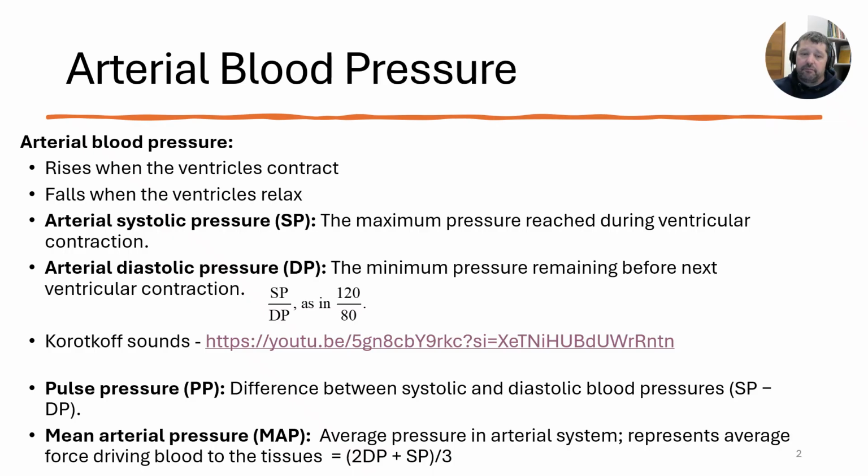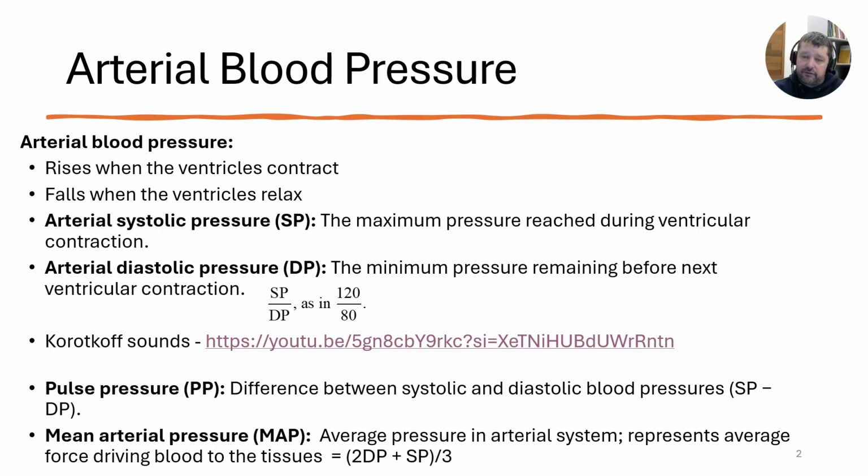If their mean arterial pressure deviates from that, then we might ask, why is it deviating? Do you have high cholesterol that might be causing vasoconstriction? Do you have poor heart function? Maybe your ventricles aren't firing correctly. There are lots of different things that could be associated with this.